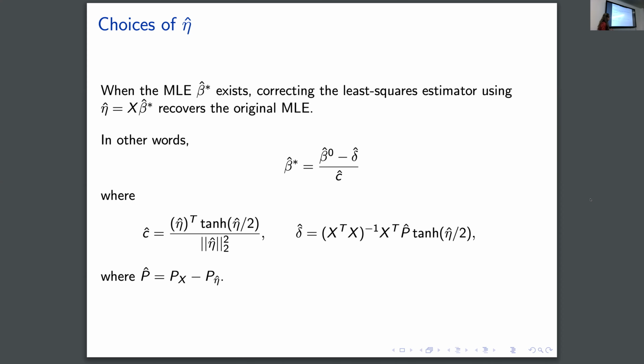So not very practically useful, as we've taken the MLE, corrected the OLS estimator, and come out with the MLE again. But in terms of the link between our approach and maximum likelihood estimation, it's quite interesting, because all we've done to extend maximum likelihood estimation to cases where the MLE doesn't exist is change our estimate of beta. So we've just changed it to something that does exist. So it's quite natural.